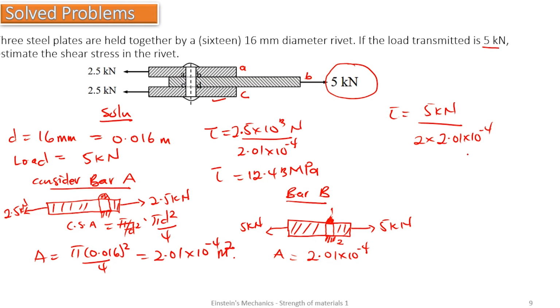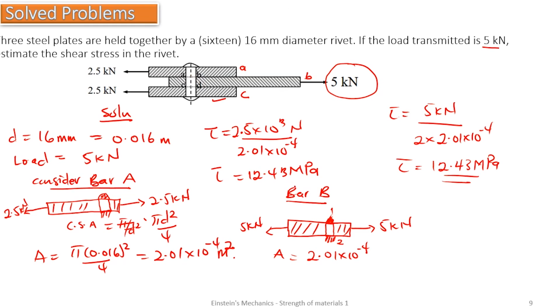And at the end, you're going to get the same answer, or we can continue and punch this, and I'm getting 12.43 megapascal. So the only thing we have to be careful about here is that when we are considering the bar B for our analysis, the shearing is occurring at 2 points on the bar. So we take note of that.